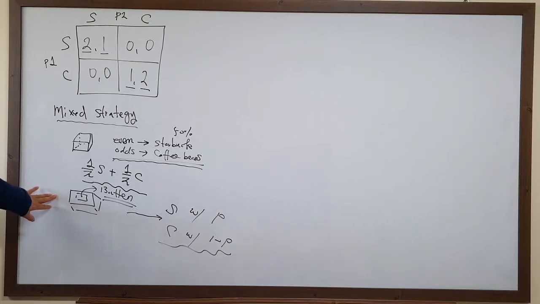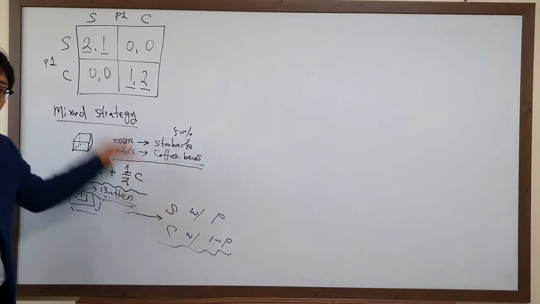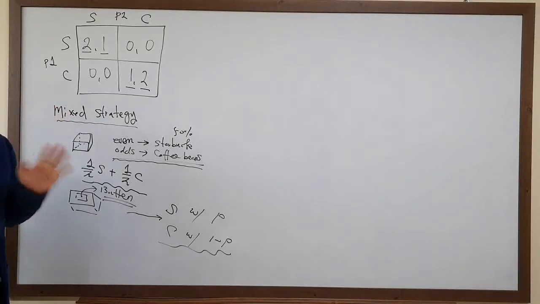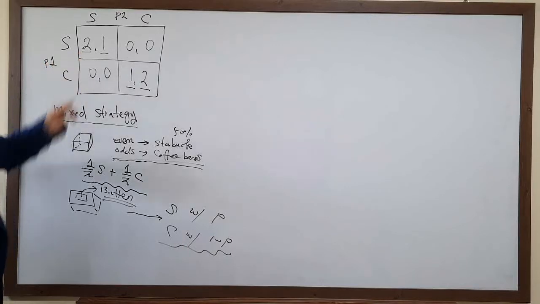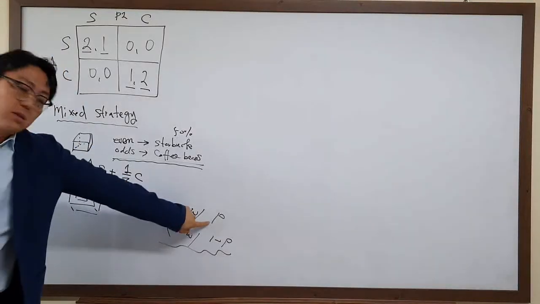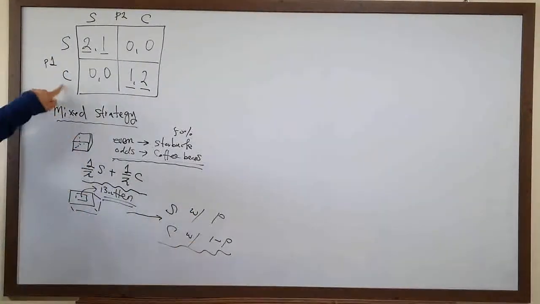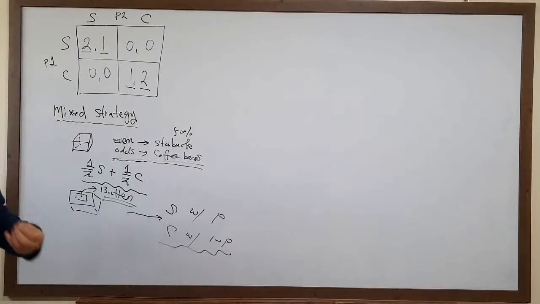In this case, player 1 will not know which strategy he will play. But all he knows is that the probability of choosing Starbucks is P, and the probability of choosing Coffee Bean is 1 minus P. That is his or her strategy.